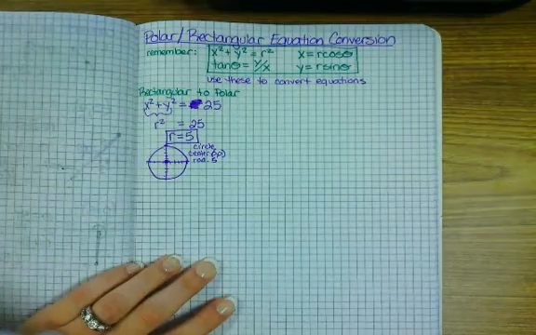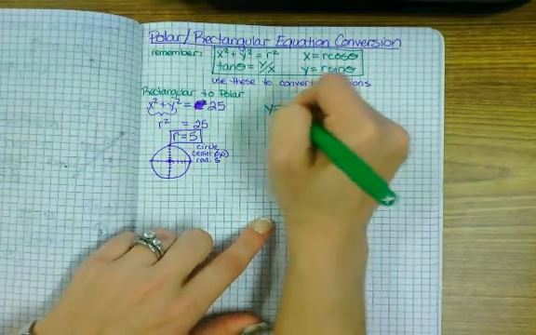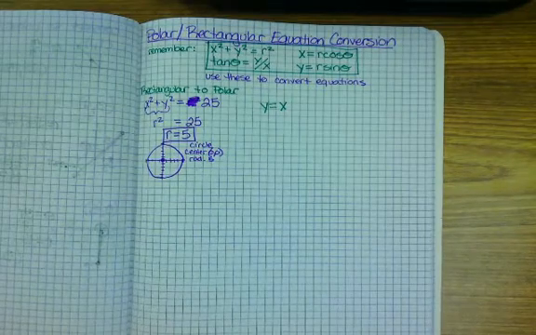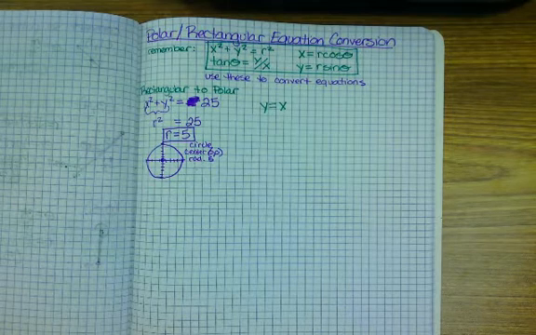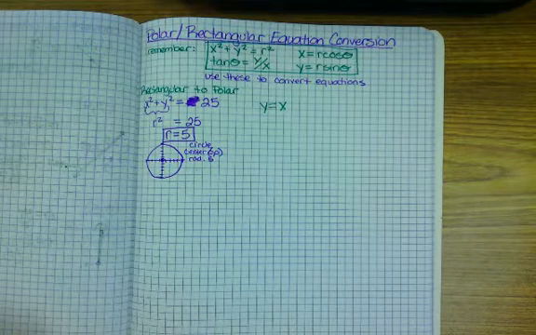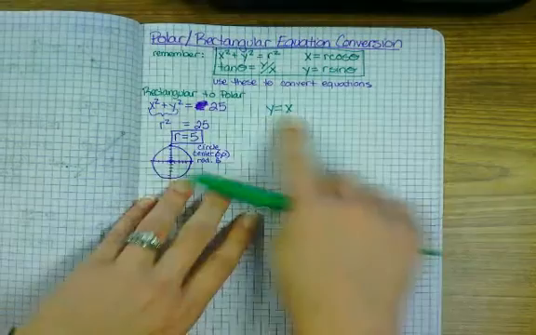Alright, next one. So that's a circle. What if I just wanted to graph y equals x? In the rectangular coordinate plane, y equals x. What does it look like when you graph y equals x? It's not a circle. It's a line. Just a line with a slope of 1, right? But to convert it to polar, here's what we're going to do.